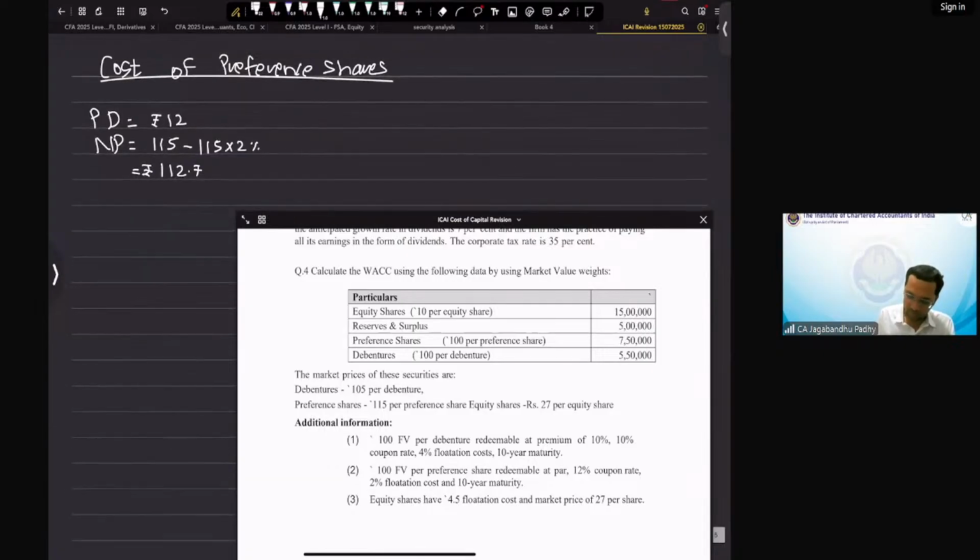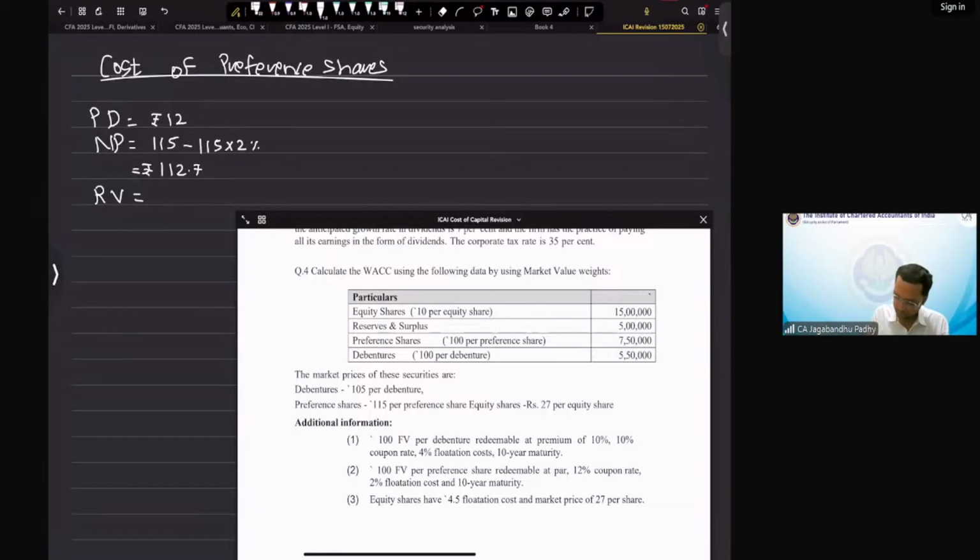Preference dividend is 12. Net proceeds is 112.7. What's the redemption value? Redeemable at par. So redemption value is 100. Number of years is 10. Okay.